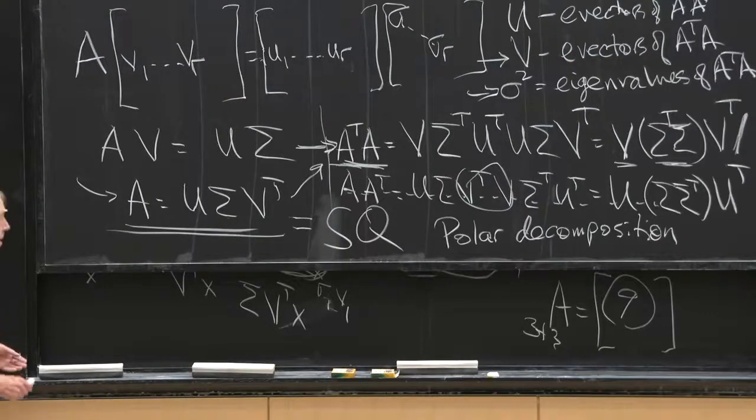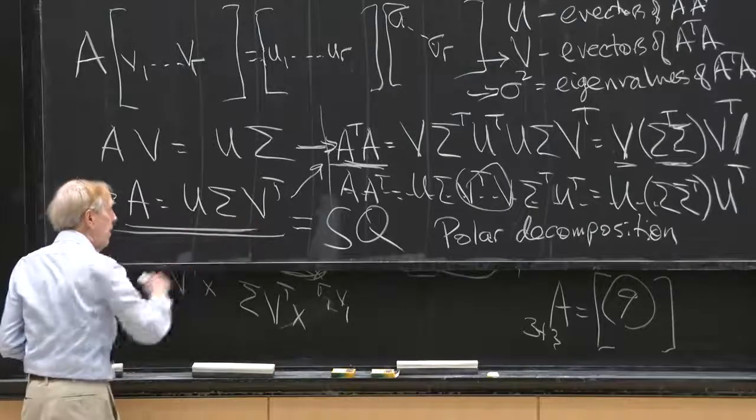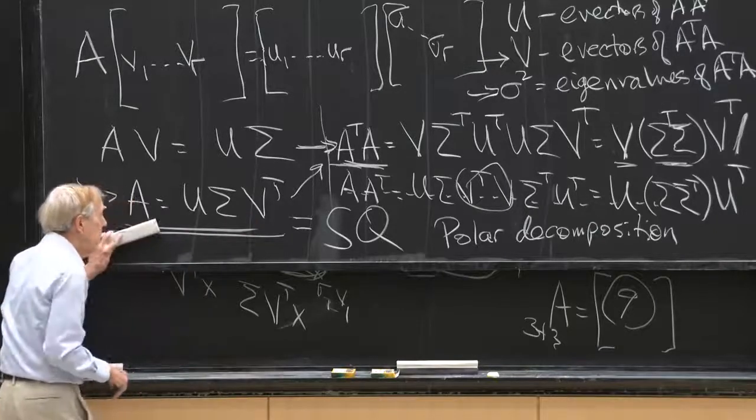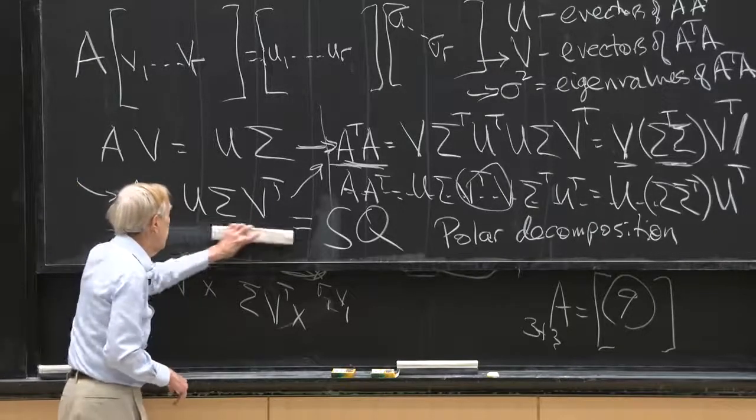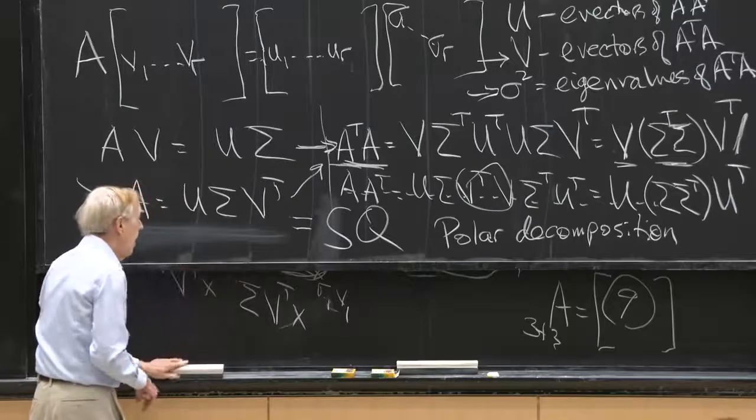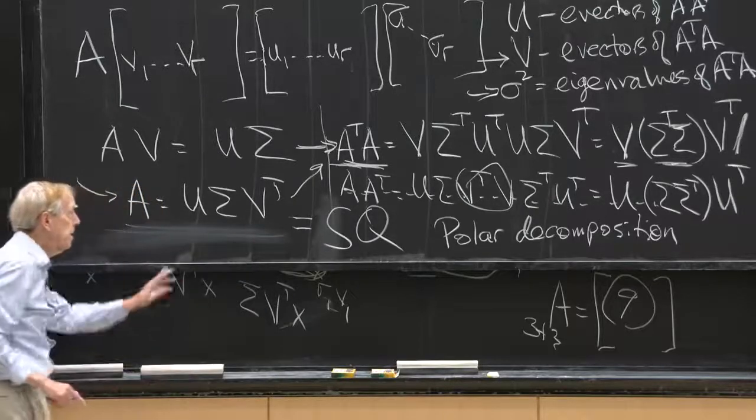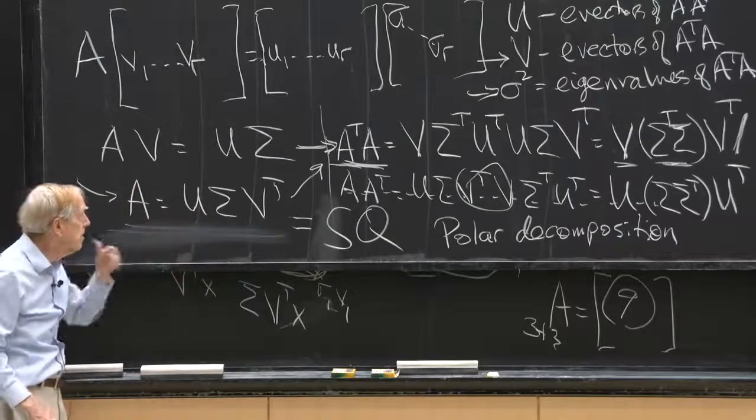And I'm also saying that I can get that quickly out of the SVD. So I want to find an S and a Q out of this.